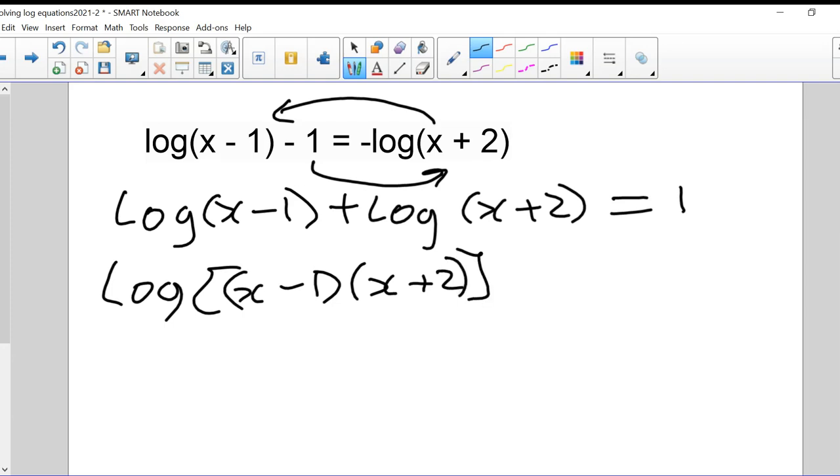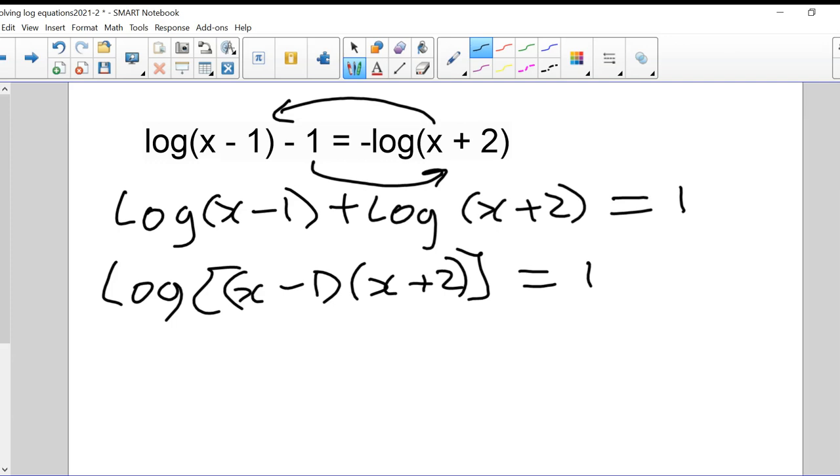That's the product law of logs right there, and that's, of course, equal to 1. So Noah is right. Jeremy is right. The log of a sum is the same as the log of the product. The product of the x minus 1 and the x plus 2 could have been written as a sum. In fact, it was written as a sum. We've now chosen to write it as a product.